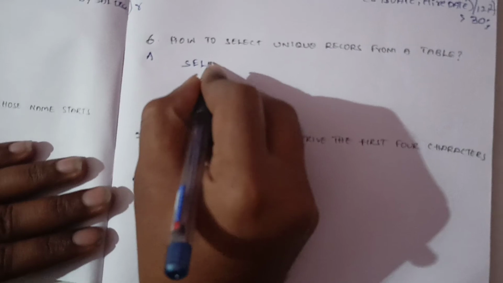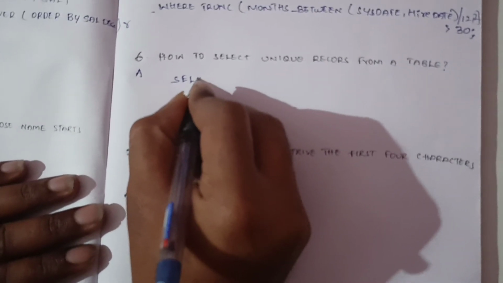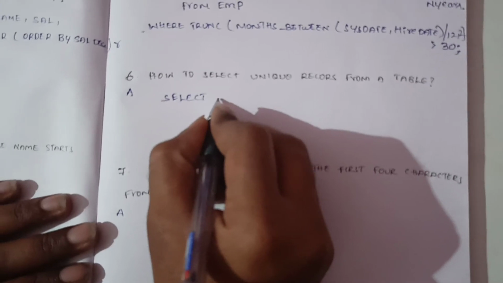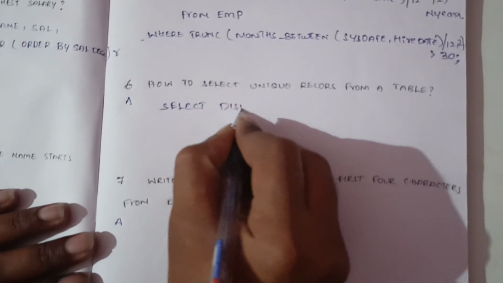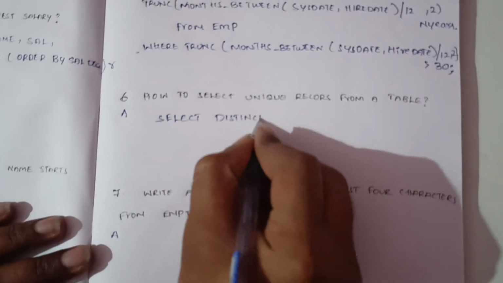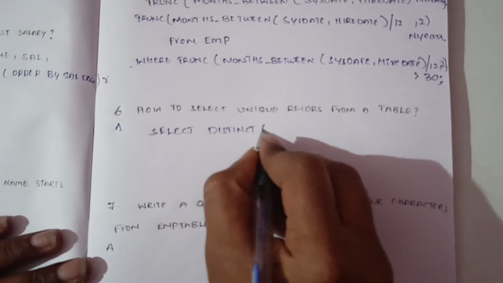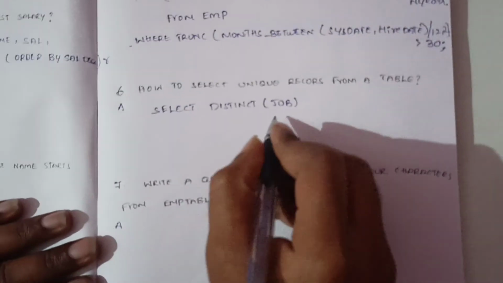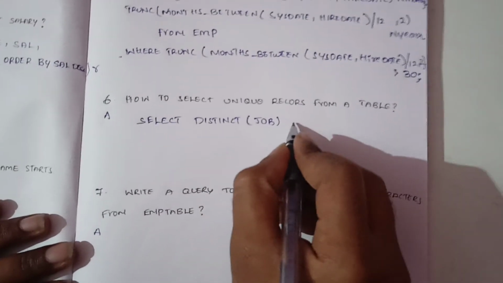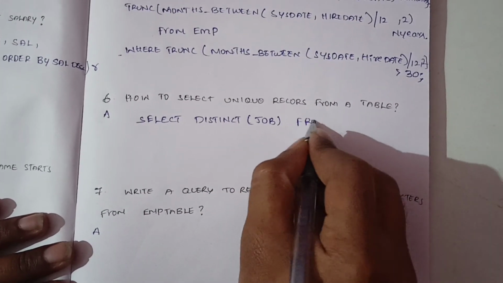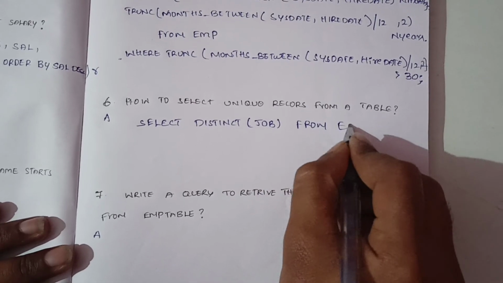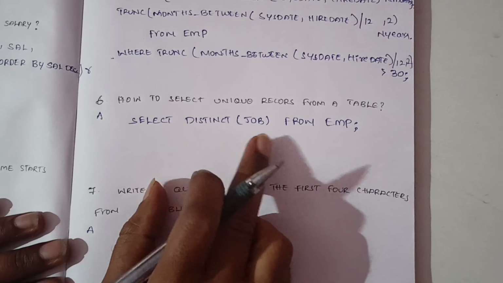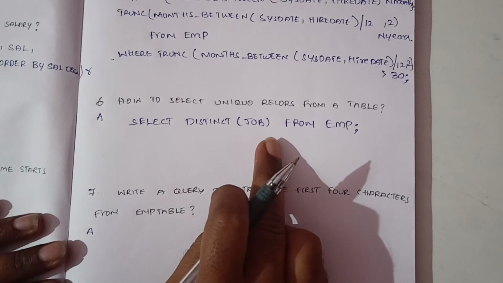Select distinct of job. You can take any column here from employee. Here employee is the employee table. By using this query we can get the unique records from a table.